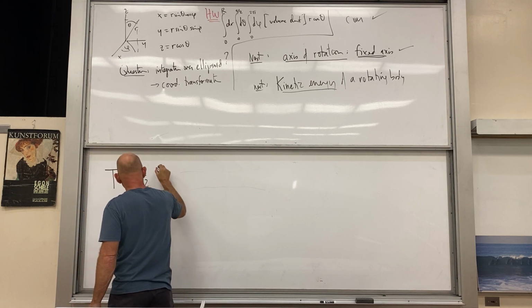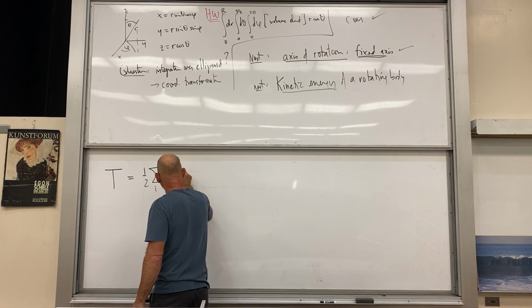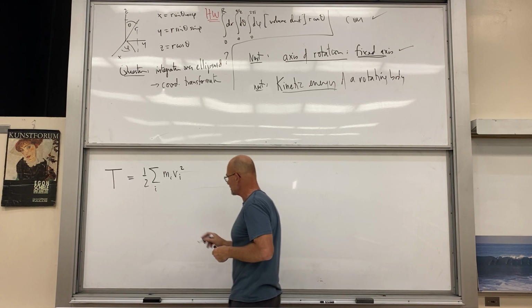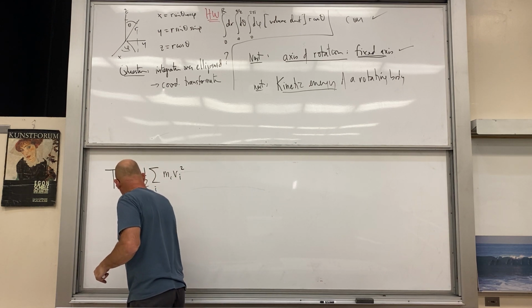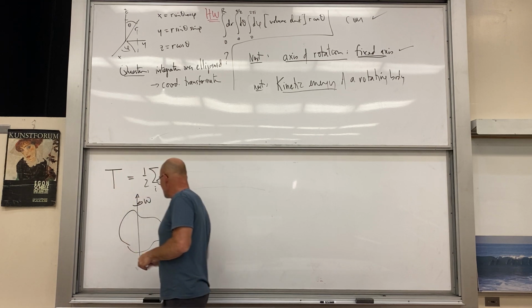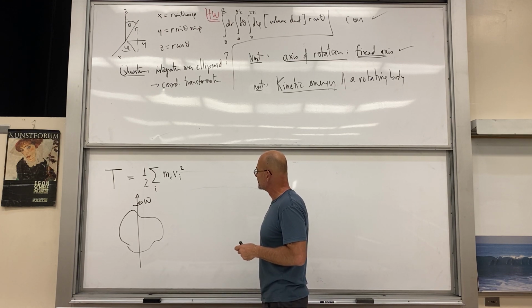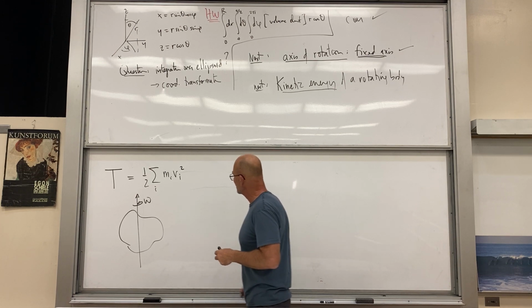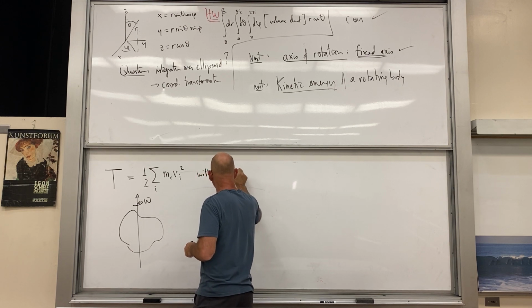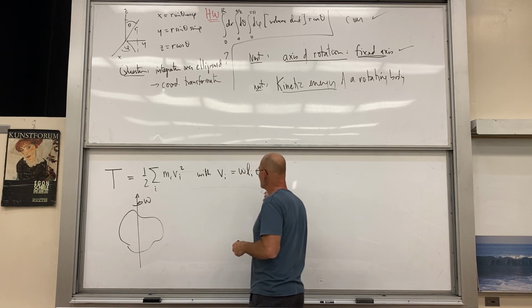First of all, go back to our point formula, point mass, m sub i, v sub i squared. Now we're looking at, say, some body here, and there's our axis of rotation, rotating with angular velocity omega, with v sub i equal to omega L sub i.